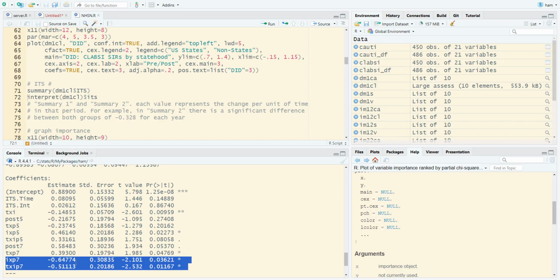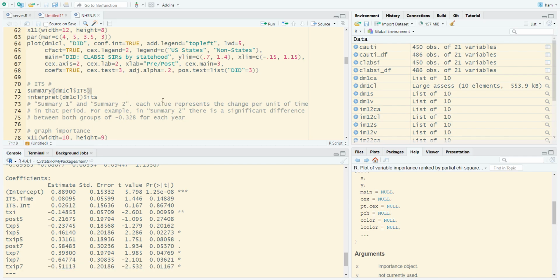And so we can see that we have negative coefficients for both. That means that the rate went down after starting in 2022, and then we can also see that the trend is pointing down as well. That would be good news for the 50 states.